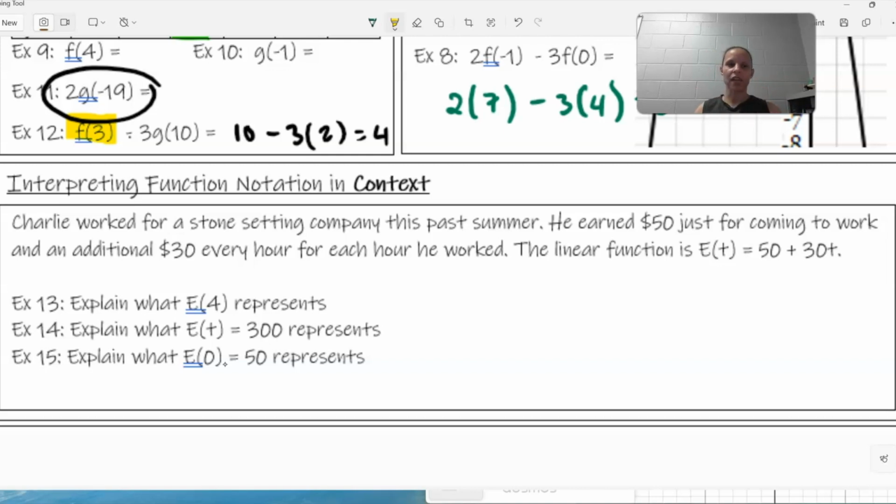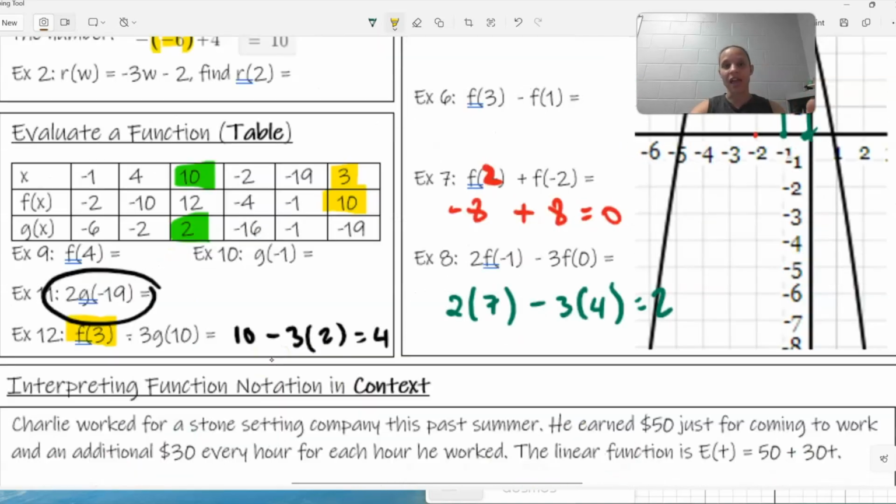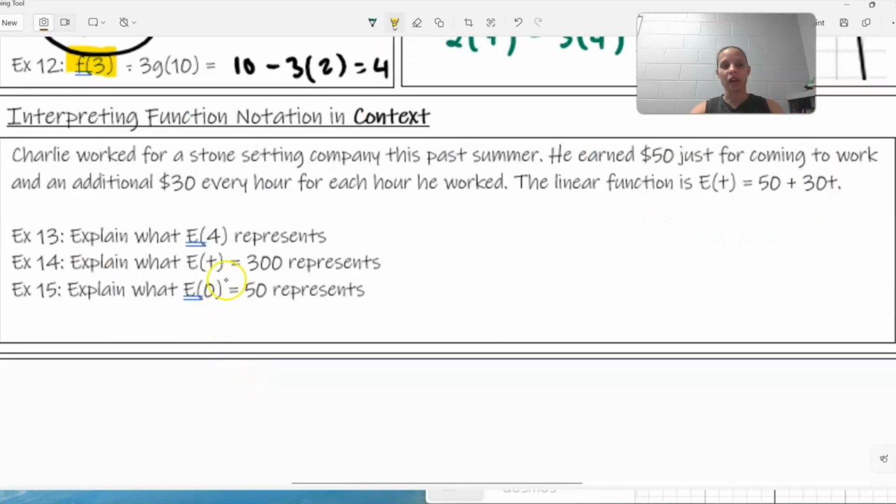So we've looked at evaluating the functions. If I asked you how many hours, in fact, let's actually answer that question. How many hours did Charlie work to get this $300? Well, we know he got $50 for just coming to work, so that's minus 50, which is $250. How many $30 would get me to $250? That would be the number of hours he worked.